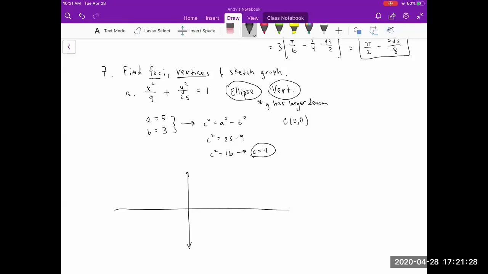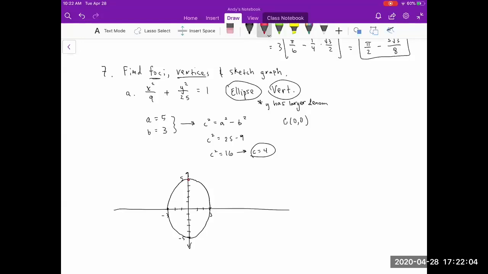Now again, since it's vertical, we're going up and down by the larger number 5, and left and right by the smaller number 3. It's really going left and right by the square root of the number under x, and up and down by the square root of the number under y. So we end up with this shape here. Nice. So far, so good, I think.